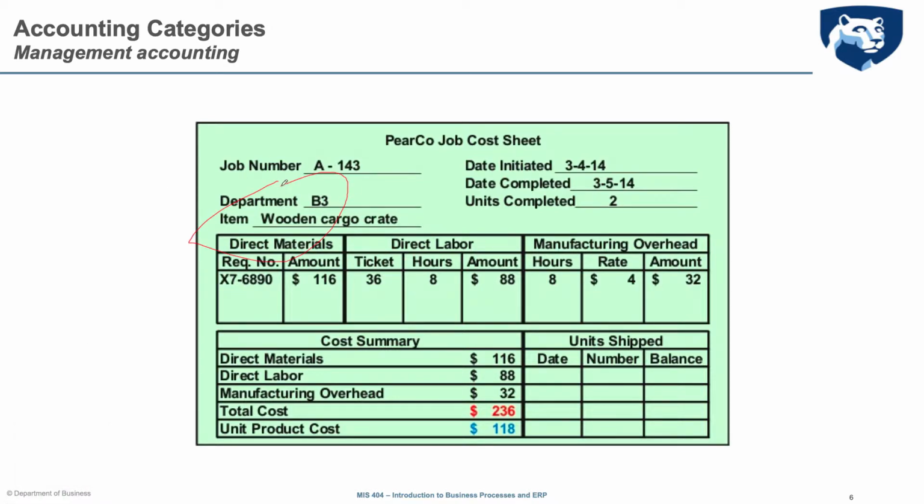And as you can see, the cost center, department B3, to realize this job, A143, generates a cost of direct material 116, direct labor 88, manufacturing overhead 32, so a total cost of 236, which contributes to a unit product cost of 118.